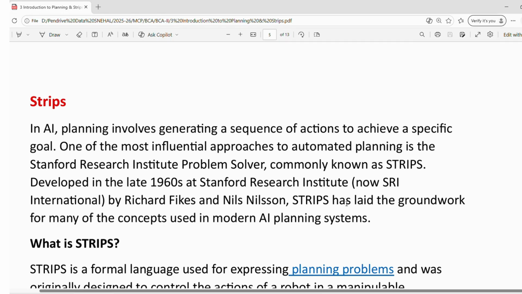Stanford Research Institute Problem Solver is the long form of STRIPS. So you should understand and remember this. And it was developed in the 1960s at Stanford Research Institute by Richard Fikes and Nils Nilsson.